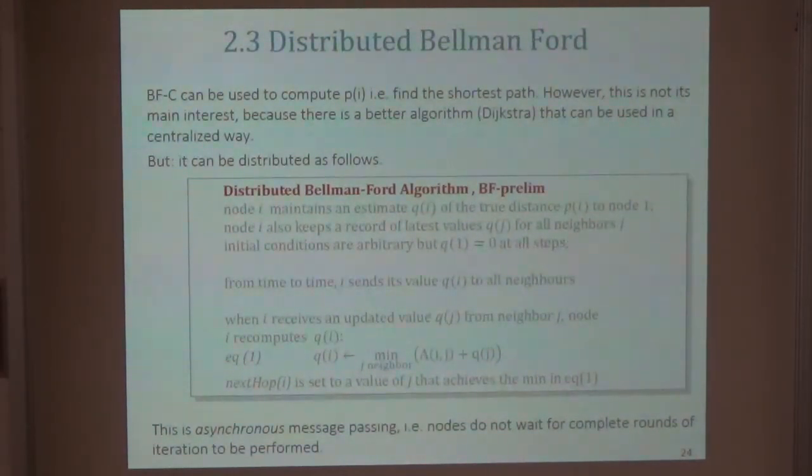Therefore, from time to time, it will receive values from neighbors. Whenever it receives an updated value from one neighbor or from a collection of neighbors, it does the following computation. It compares what it had before to what it would have if it would go through this neighbor. This is the asynchronous version of distributed Bellman Ford, and it's not difficult to imagine that it will do the job.